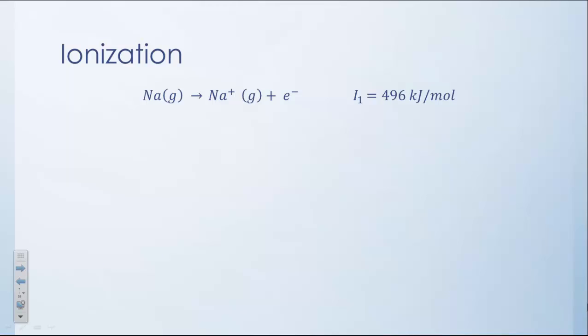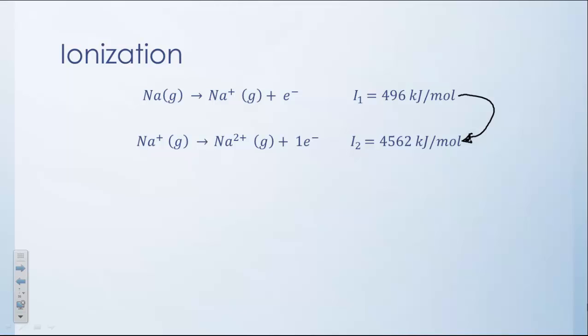Well, if we can remove one electron, then you can be sure that we can try and remove a second electron. And what do we notice as we move from the ionization energy of the first reaction to what's called the second ionization energy, so first, second, third ionization, etc.? The ionization energy is much larger. And this is always the case.